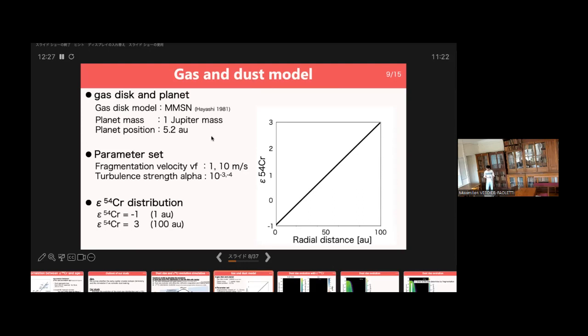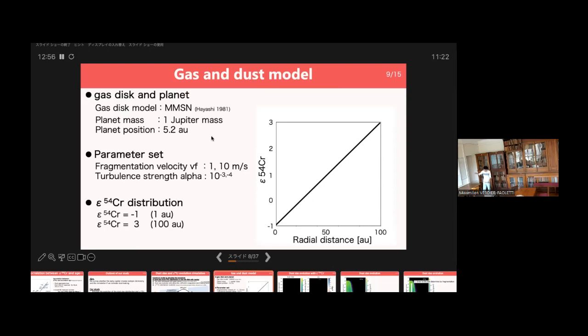So considering these, I arbitrarily set epsilon 54 chromium to -1 at 1 AU, and epsilon 54 chromium to 3 at 100 AU. For simplicity, we assume that the initial chromium distribution is a linear function of relative distance. This is just an assumption.